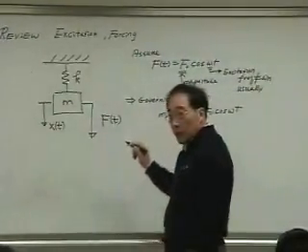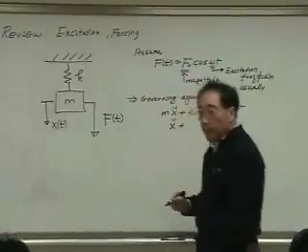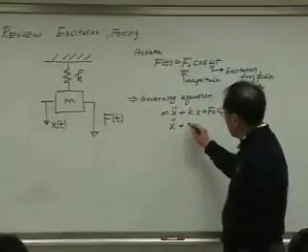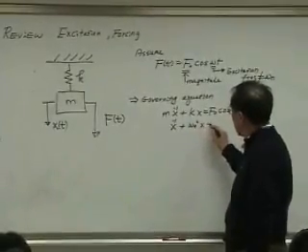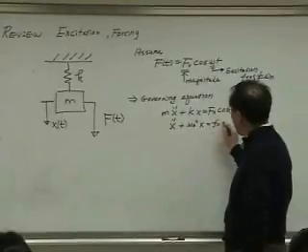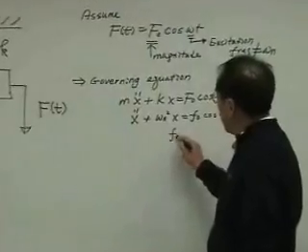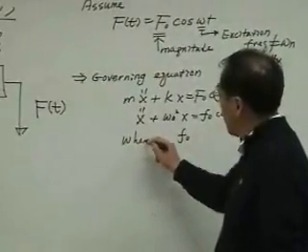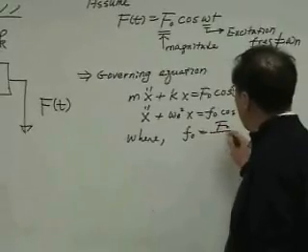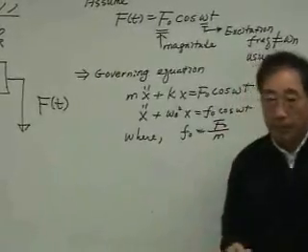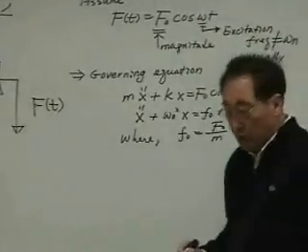And then if we divide both sides by m, this will give me x double dot plus omega n square x equals small f0 cosine omega t, where small f0 is capital F0 divided by m.